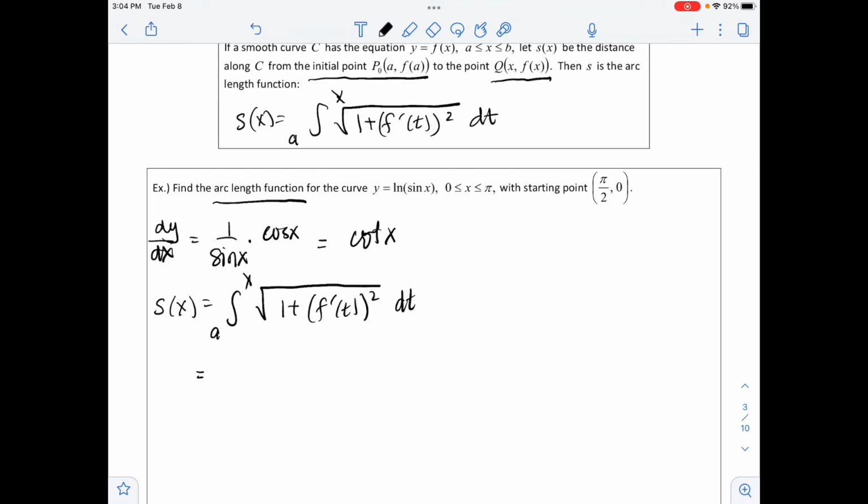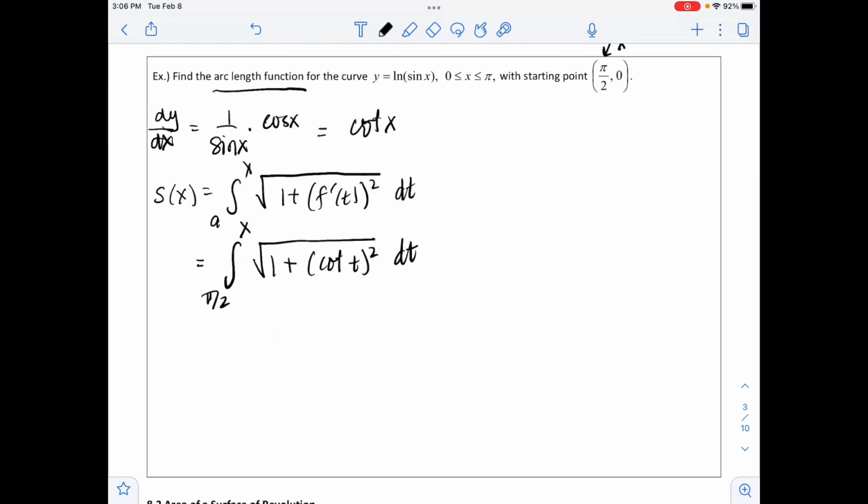And so for us, we're going from a to x, and a is our starting value, pi over 2, to x, and it's going to be the square root of 1 plus cotangent of t squared dt.